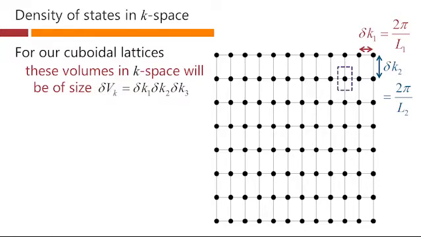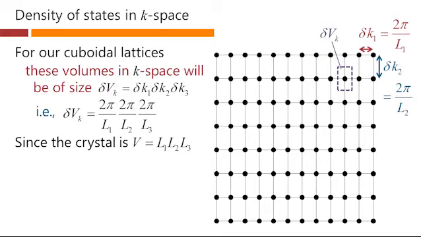Note I've got a subscript K. It's the volume of this brick in this mathematical space, and it's just the product of the lengths of the brick in each of the three directions. So this is our delta VK, we're calling it. And explicitly, given these formulas here for delta K1 and delta K2, and similarly for delta K3, this is a formula then for the volume of this brick in this mathematical space we're working in.